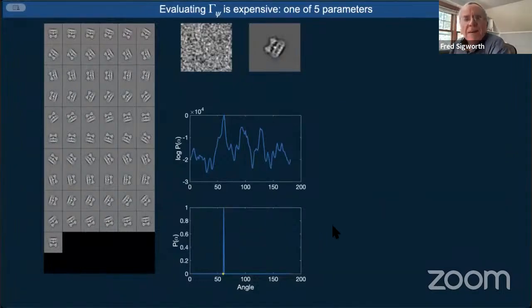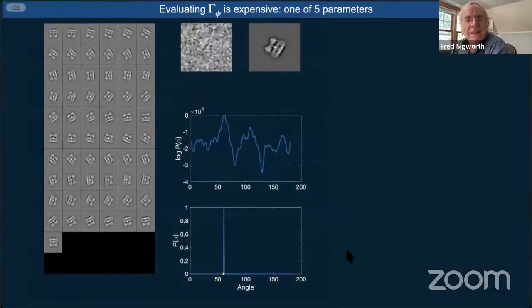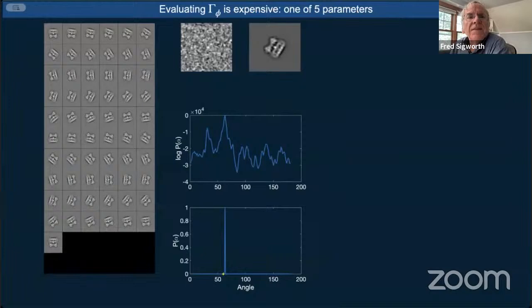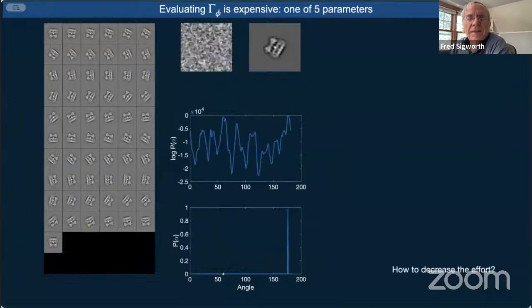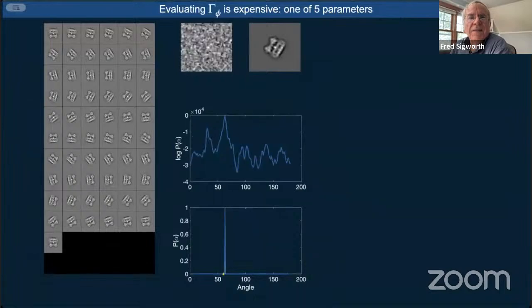Now finding gamma is expensive, and this is just an example of trying to find one of the parameters, the in-plane rotation angle. So we have a whole bunch of references. There's an image, there's what the correct orientation of the image is, and this is the correct value of the angle. And as we try different experimental images, sometimes we get totally the wrong answer for the maximum.